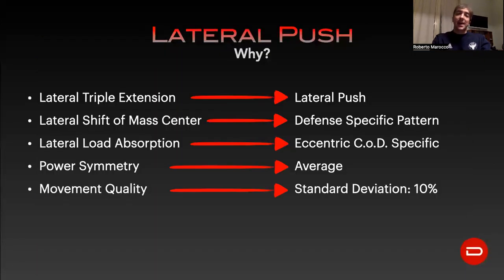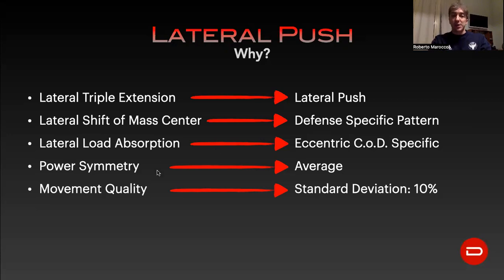Why this exercise? Lateral triple extension. So once again, the triple extension, but focusing on the lateral move. Then the mass center is shifting. That is really specific for defense. And when we move back, there's a high load absorption, really important for the changes of direction.